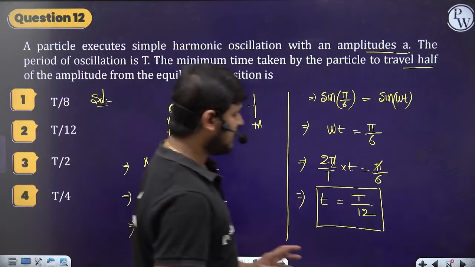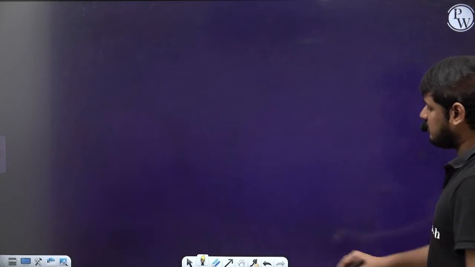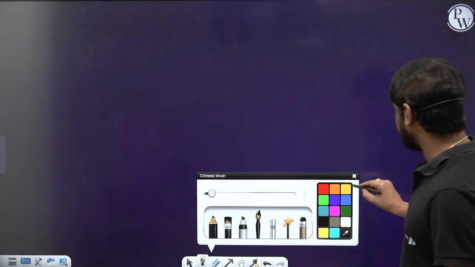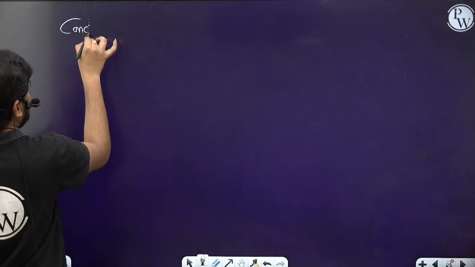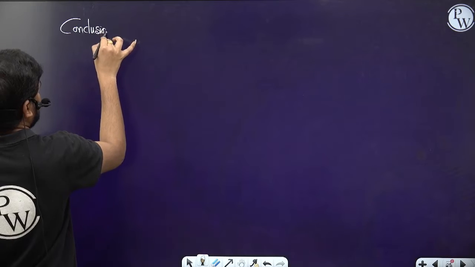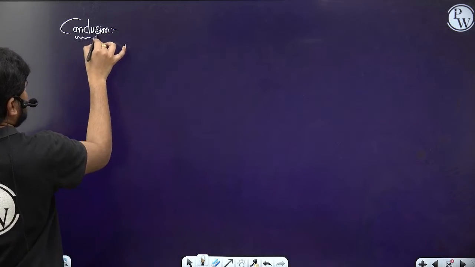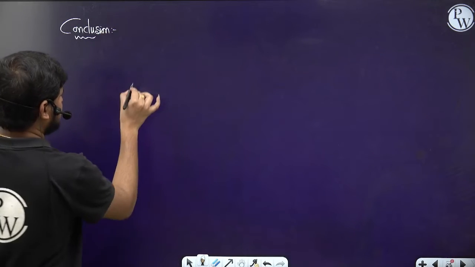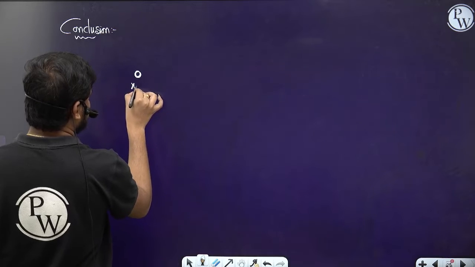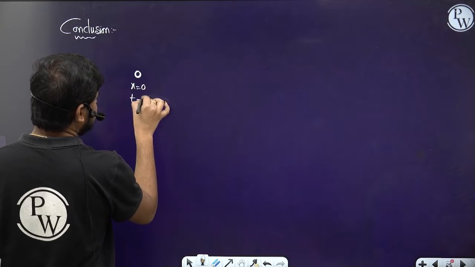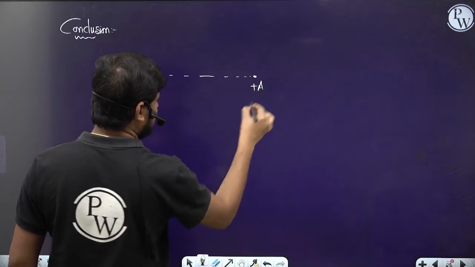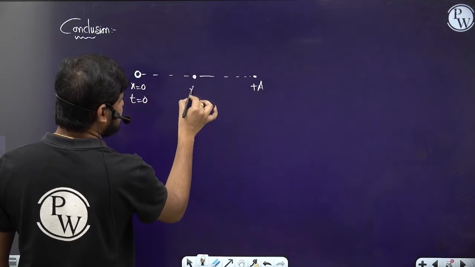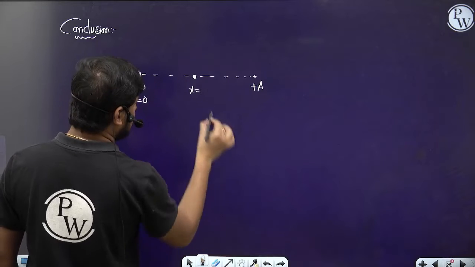Now the important conclusion that you have to remember. If the particle is making S.H.M from the mean position, so x equals 0 at time t equals 0, and it is moving towards the right extreme, plus A, let's say, then to cover half the distance it takes T by 12.